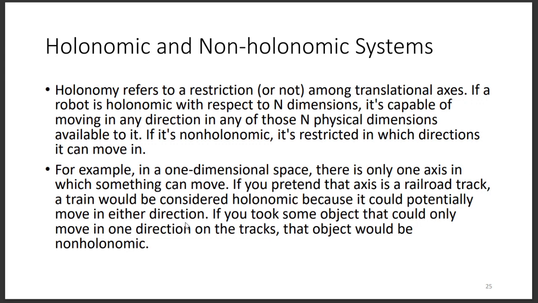You have some restriction. Holonomic refers to restriction among translation axes. If a robot is holonomic with respect to an axis, it is capable of moving in any direction along it.